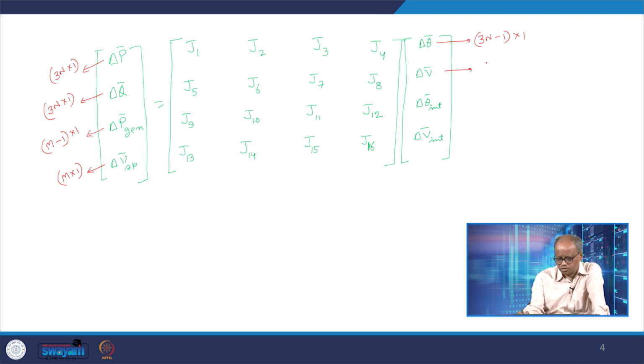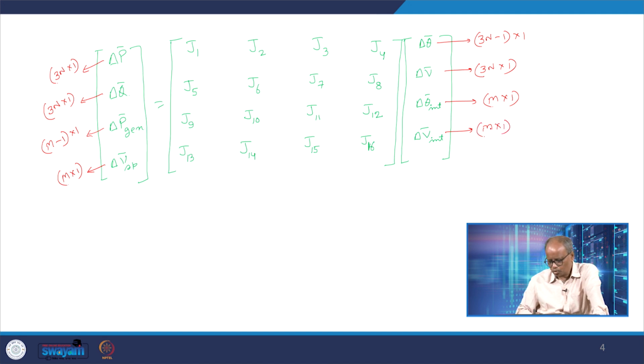V is of course 3n cross 1, because V is again the voltage magnitudes at all the original n buses corresponding to each phase. Theta internal is m cross 1, and V internal is also m cross 1.